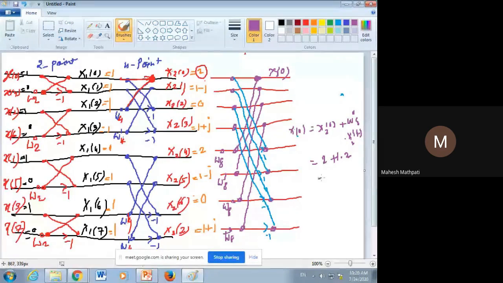So final answer is how much? 4. Okay. Can you calculate likewise the answers? So x of 0 will be equals to 4.